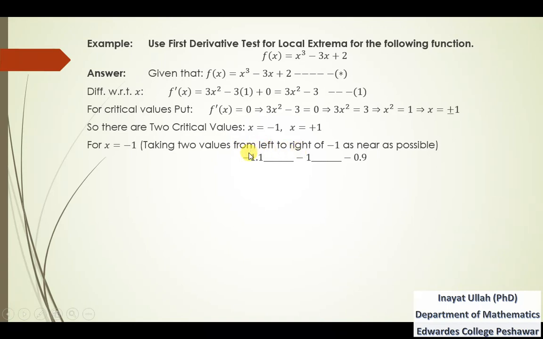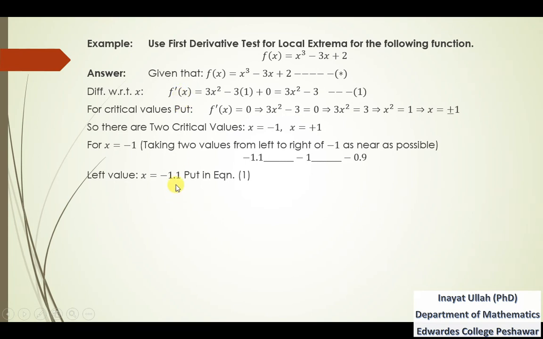First of all, we will consider this left value and put this left value in the first derivative, and then we will put the right value in the derivative of the function. So first of all, we'll take the left value minus 1.1, and we'll put this value of x in equation number 1, this first derivative, because we are using the first derivative test.